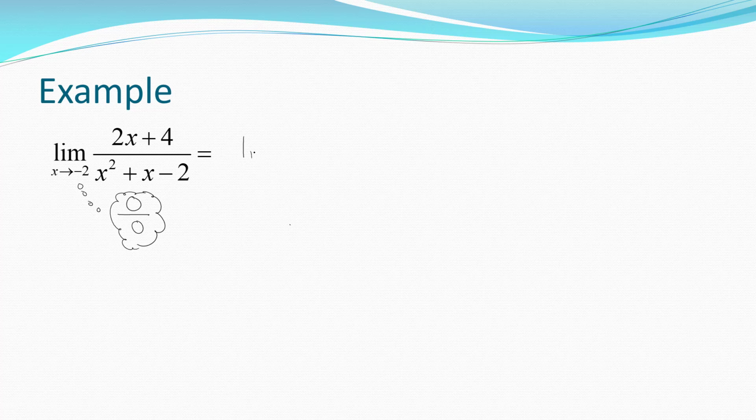So I will, in this case, take the numerator and factor out the common factor of 2. And in the denominator, at least I'll factor the polynomial to be x minus 1 times x plus 2. Notice then, this is the same as writing the limit. Since x is approaching -2, it never is -2. So the factor x plus 2, these factors are never 0, and they're common factors.